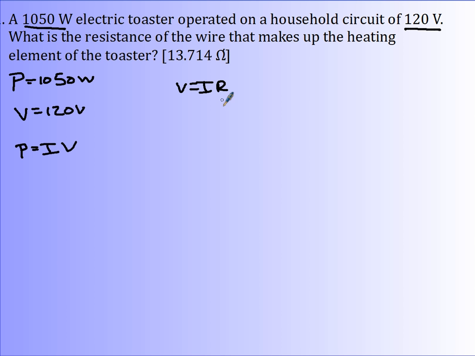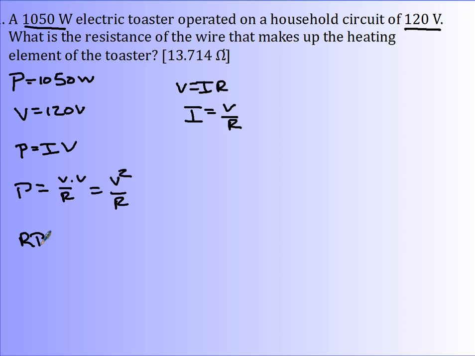I can cheat and go back and figure out which formula I want. I want to get rid of I because I don't know I, and that's V divided by R. This is what you do if on the test you forget the formulas. So power is V divided by R times V. So I'm looking for the resistance. By the way, this is V squared over R. So I'm going to clear my fractions.